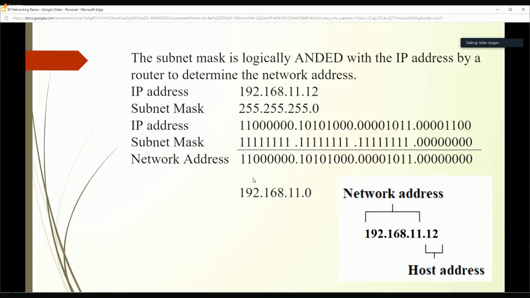And then we won't give out .255, because that's going to be our broadcast address. In other words, when we want to send out a message to the entire 192.168.11 network, we'll send it out broadcast, and they'll all receive it. So there are those 2 addresses that we'll stay away from. Everything else from .1 to .254 is fair game.